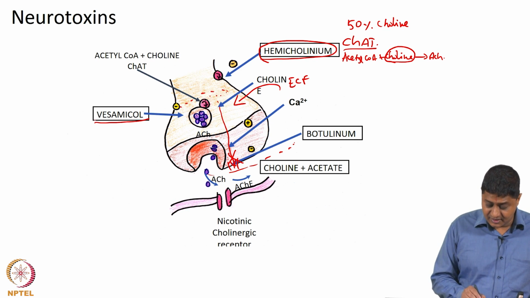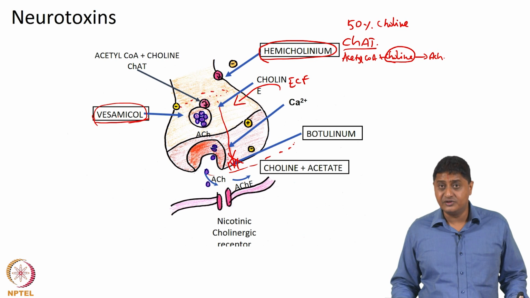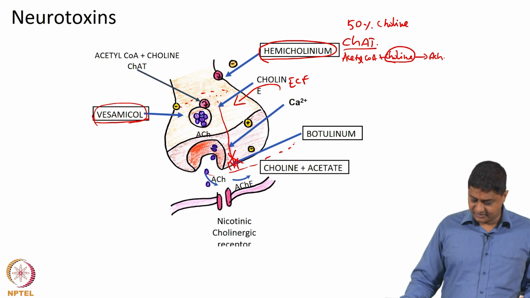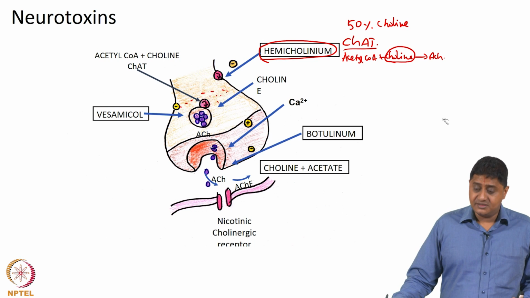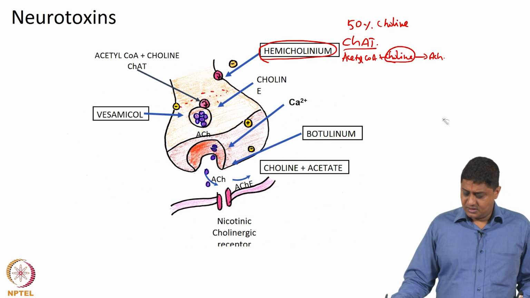So this chemical, vesamicol, prevents the packing of acetylcholine into the vesicles. This is the other situation. Botulinum toxin is one of the most potent neurotoxins found, if not the most potent. So how is it produced?